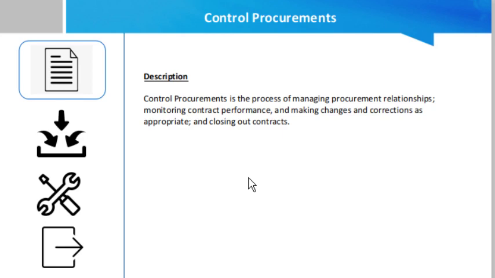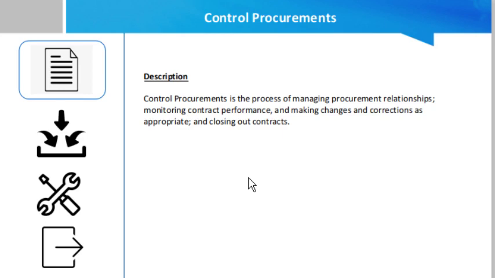The seller is the person who is selling the goods and services, and the buyer is the person who is buying the goods and services. So procurement means that you, being a project manager, being a company, are purchasing goods and services from the seller.